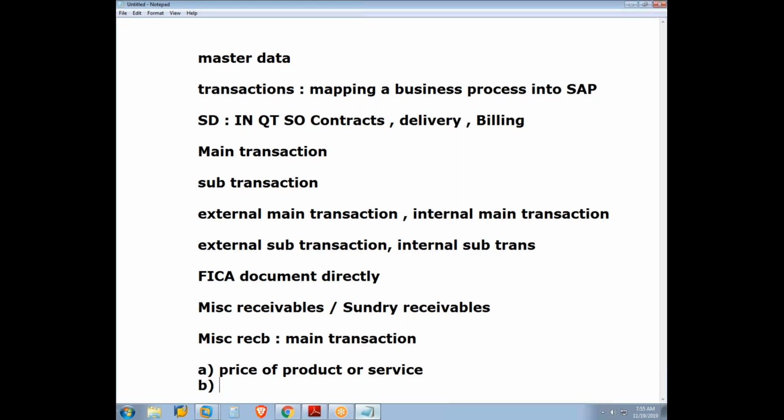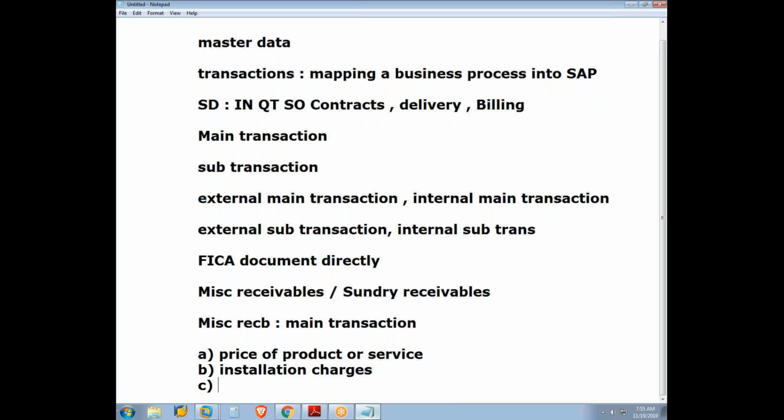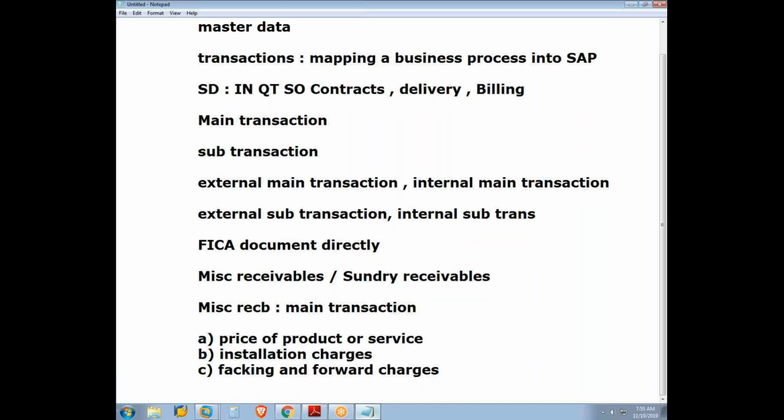Second could be like say installation charges, and then we may say the packing and forwarding charges.